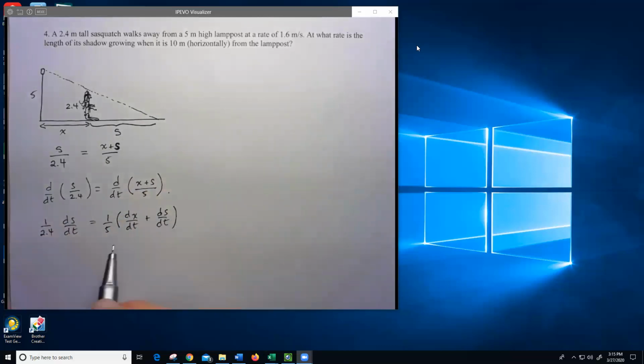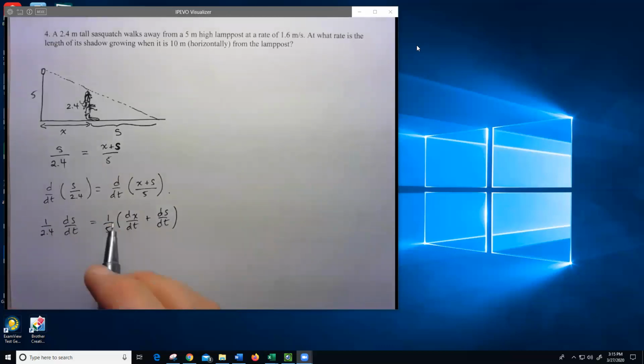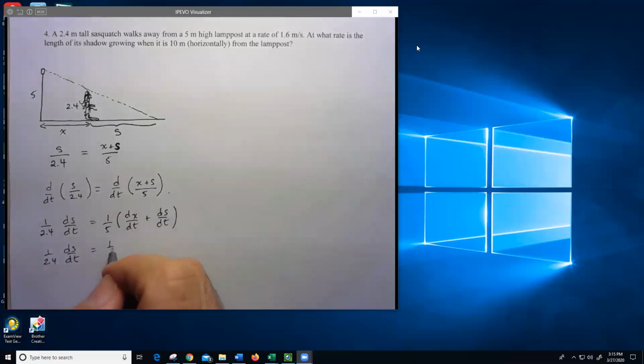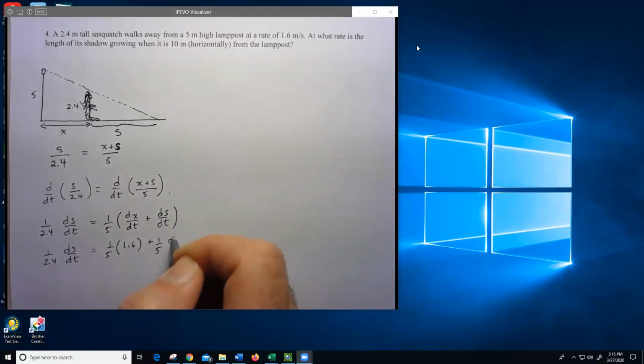Now that I've taken my derivatives, let's input what we know. And what do we know? Well, we know dx/dt, which we have there, perfect. So we have 1 over 2.4 ds/dt equals 1 over 5 times dx/dt, which was 1.6 meters per second, plus 1 over 5 ds/dt.